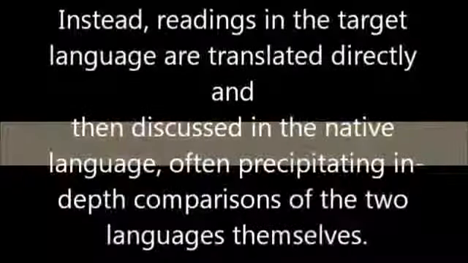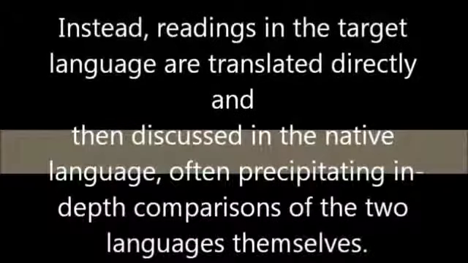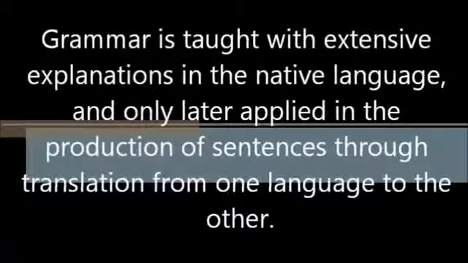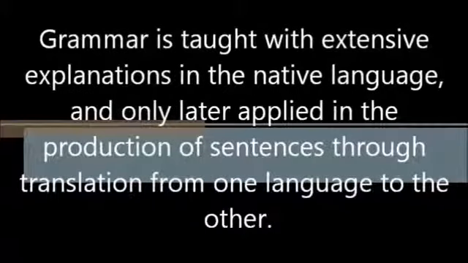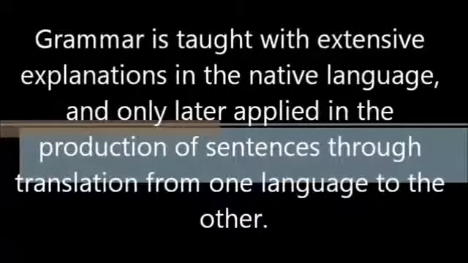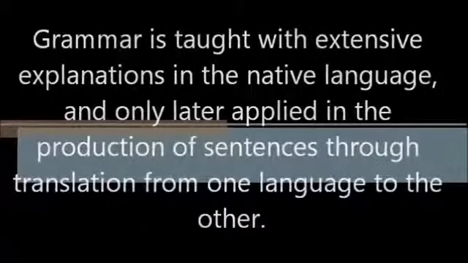Instead, readings in the target language are translated directly and then discussed in the native language, often precipitating in-depth comparisons of the two languages themselves. Grammar is taught with extensive explanations in the native language, and only later applied in the production of sentences through translation from one language to the other.